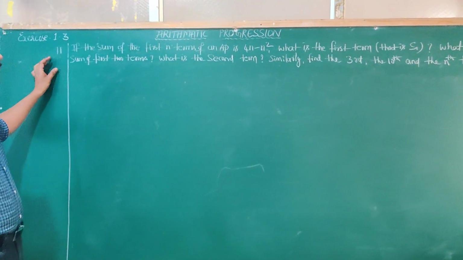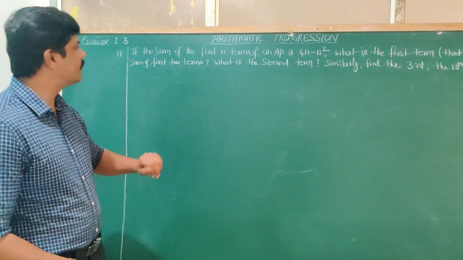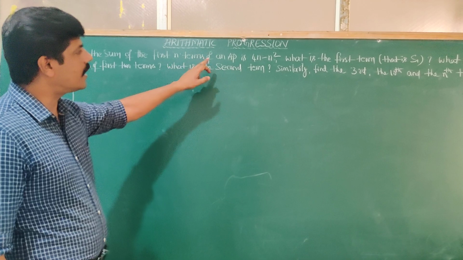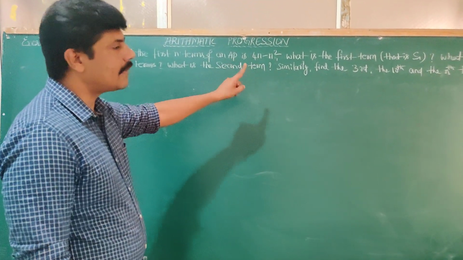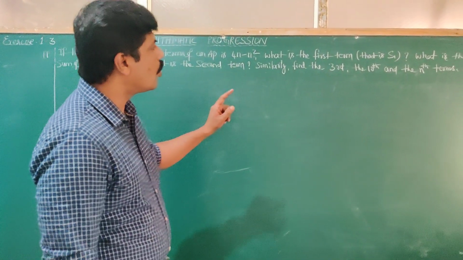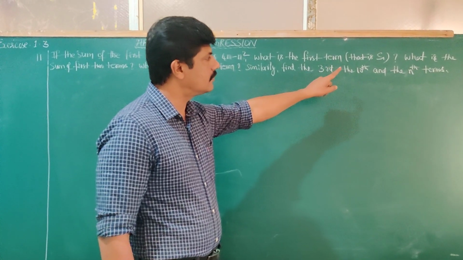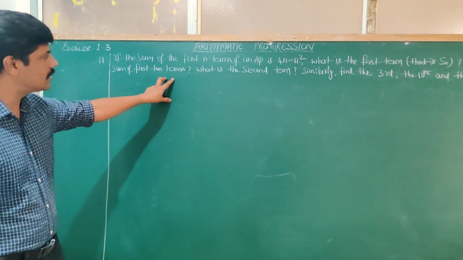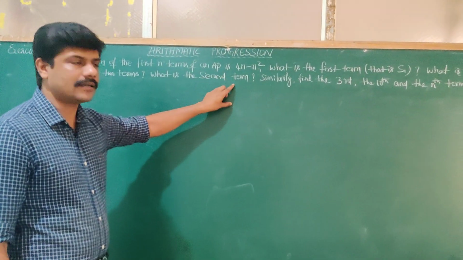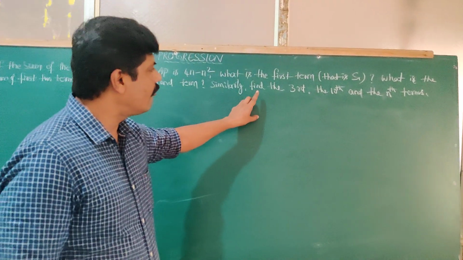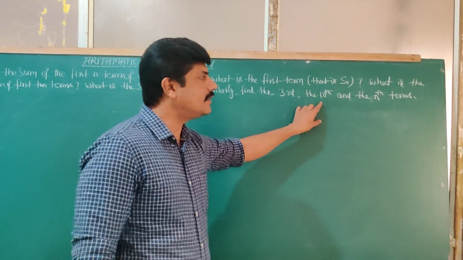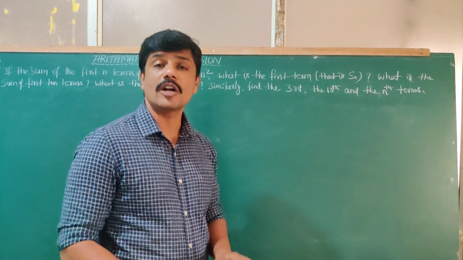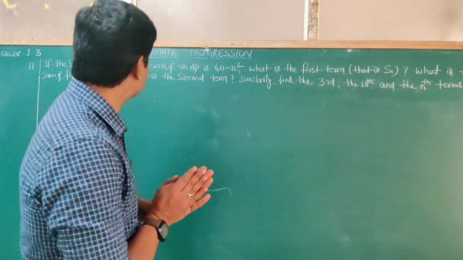Now we'll see the 11th problem, children. If the sum of the first n terms of an AP is 4n minus n square, what is the first term? What is the sum of the first two terms? What is the second term? Similarly, find the third, the 10th and the nth term. Lots of things are asked in this question.